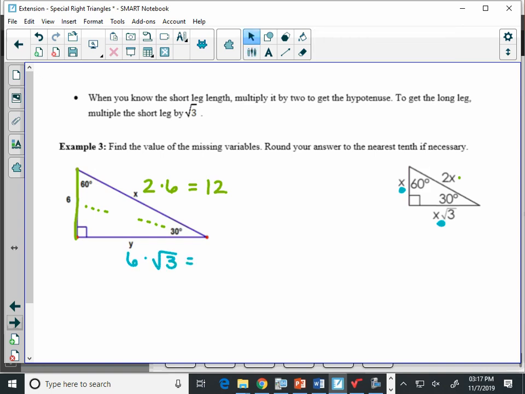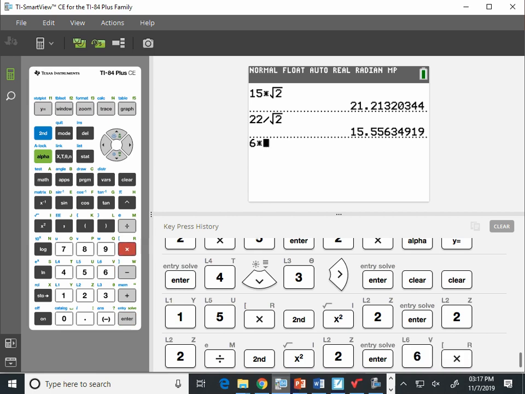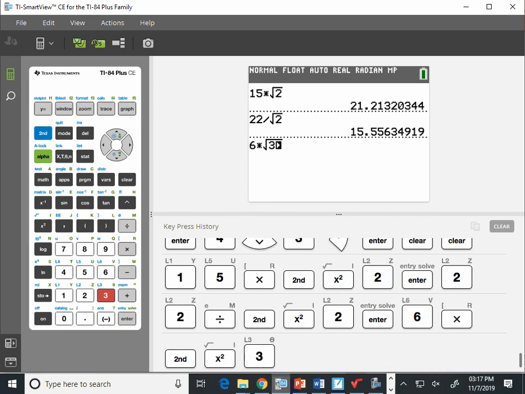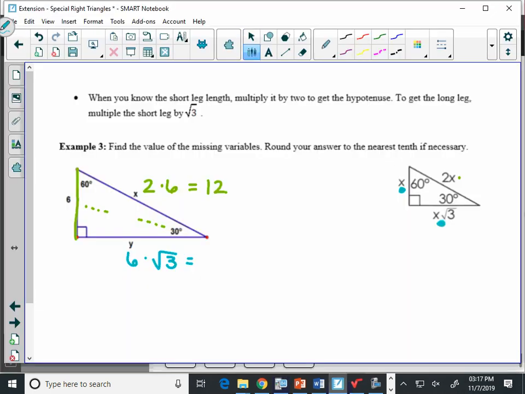So when we do that, 6 times radical 3 is about 10.4. So my answers are x is 12 and y is 10.4.